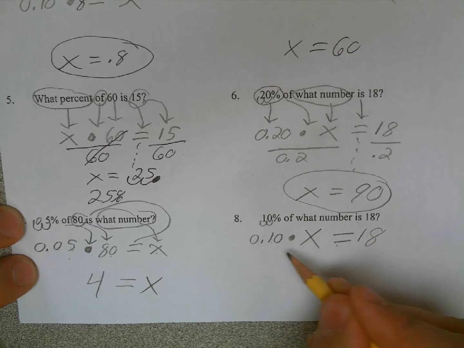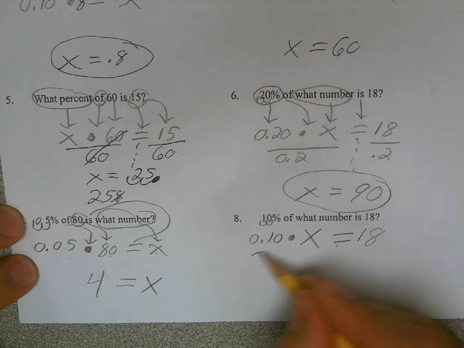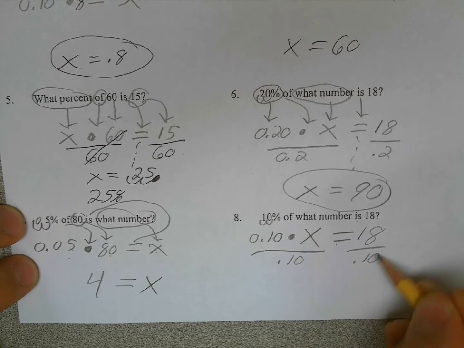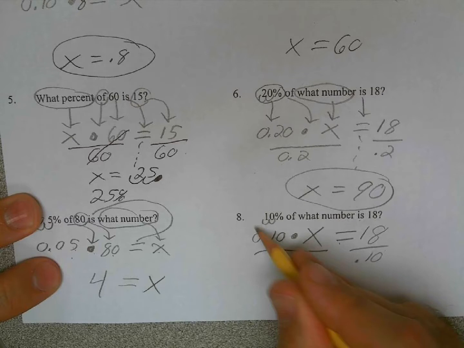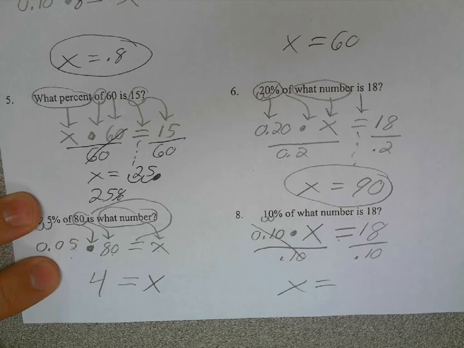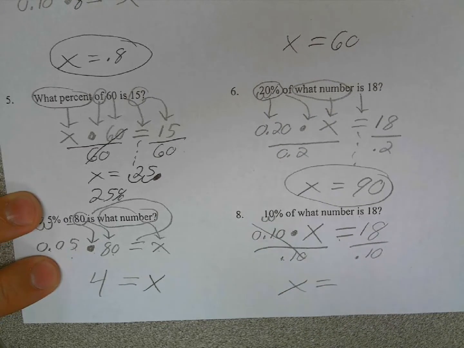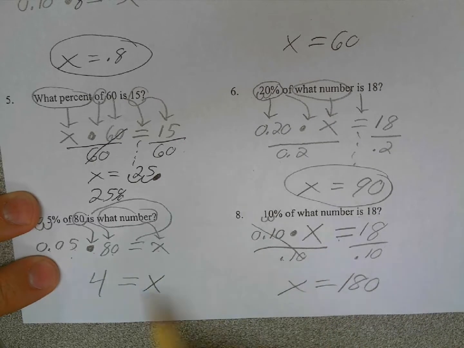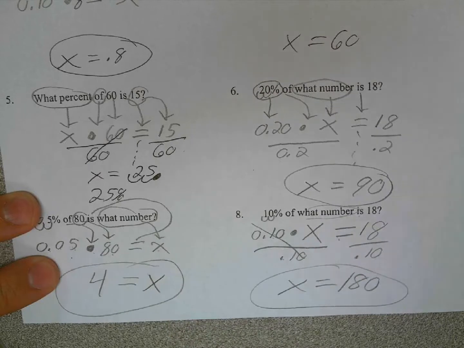So we got to figure out what's the opposite of times 0.1? Divide by 0.1. Right? So that cancels out, leaving us with X equals 18 divided by 0.1. Ooh, 180. Okay, and we don't have to worry about moving anything because they just wanted the number.